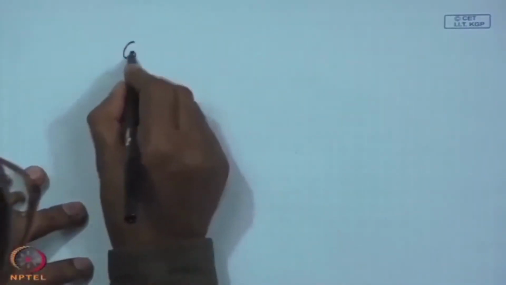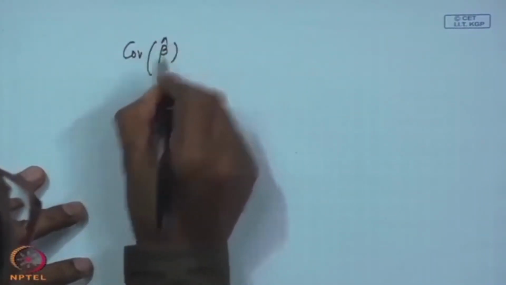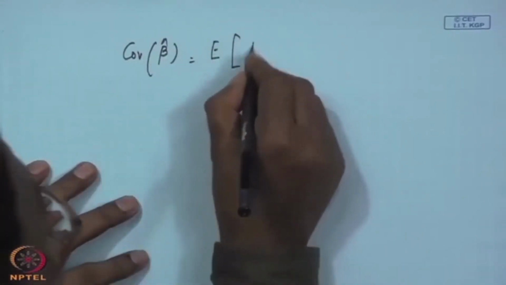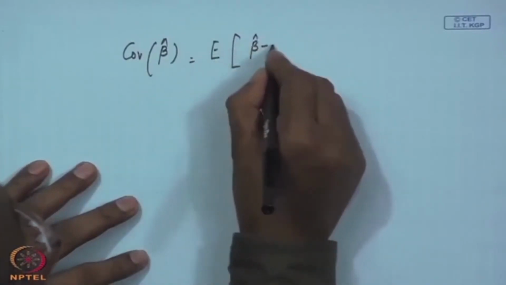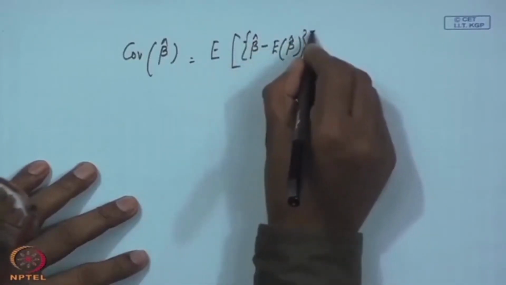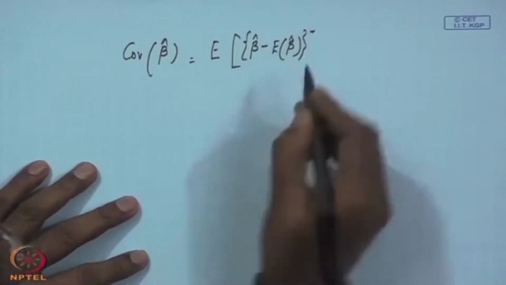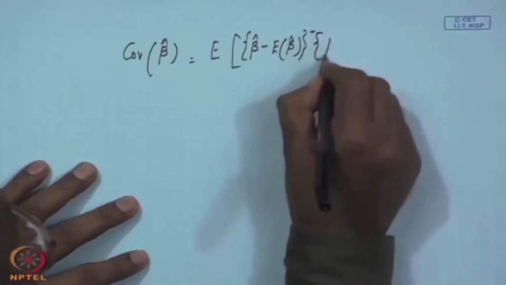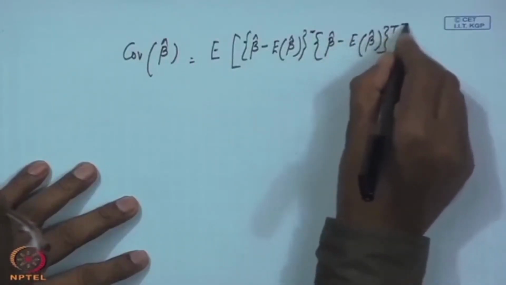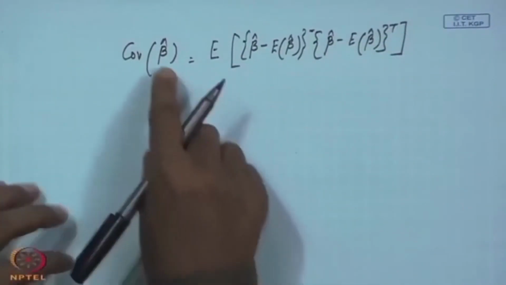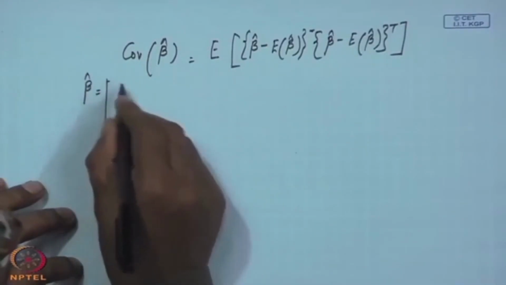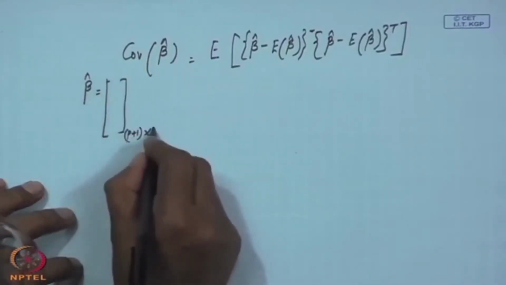This will be the expected value of beta cap minus the expected value of beta cap, times beta cap minus the expected value of beta cap, transpose, because beta cap is a p plus 1 cross 1 vector.